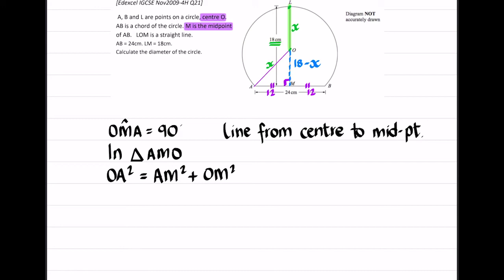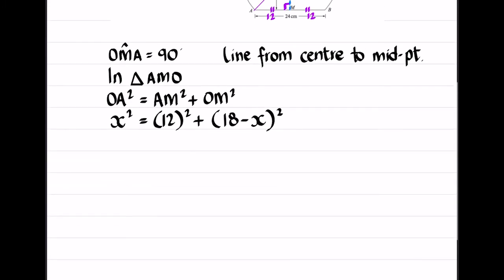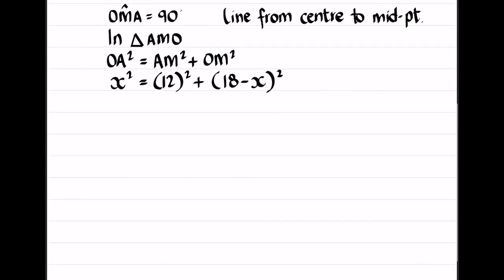So OA is x, so x squared is equal to AM, which is 12 squared, plus OM, which is 18 minus x, squared. So now I will be able to solve for x. So I have x squared equal to 12 squared, which is 144, plus 18 squared, which is 324.